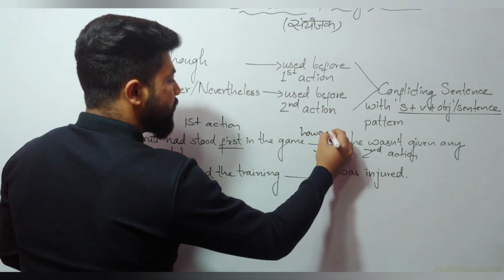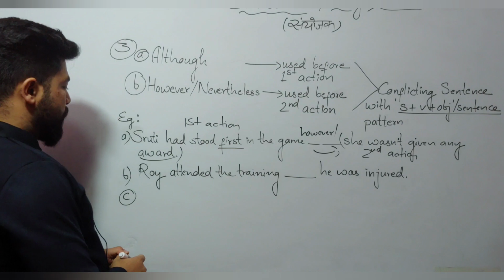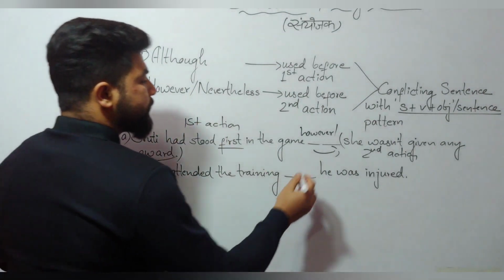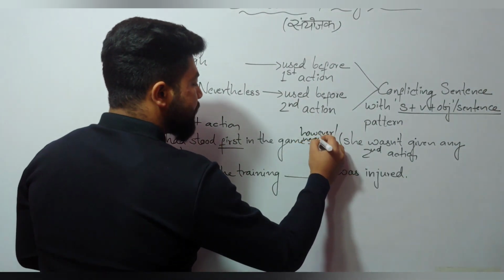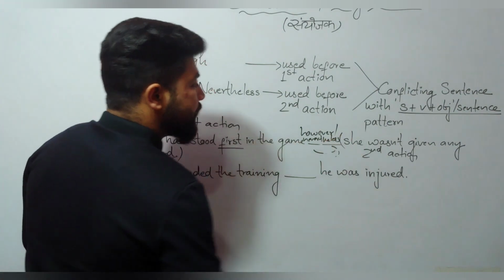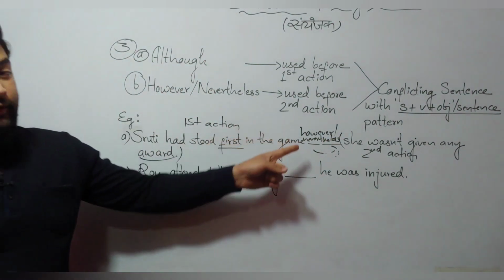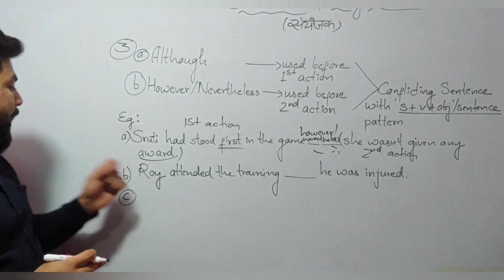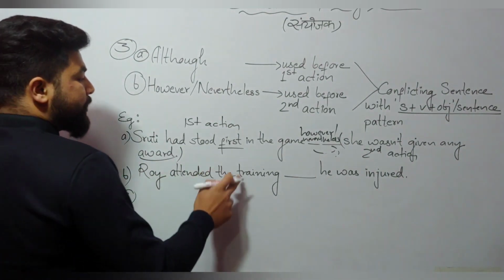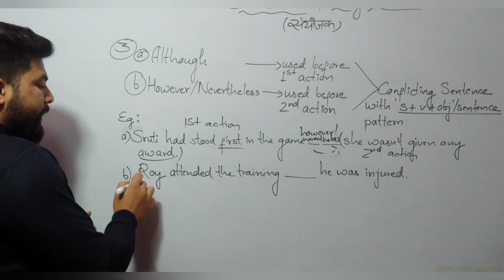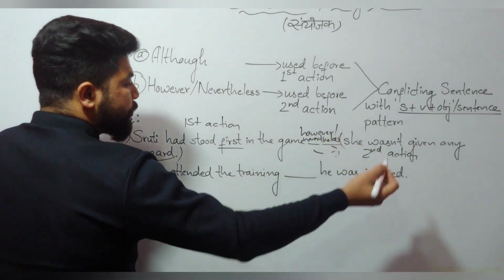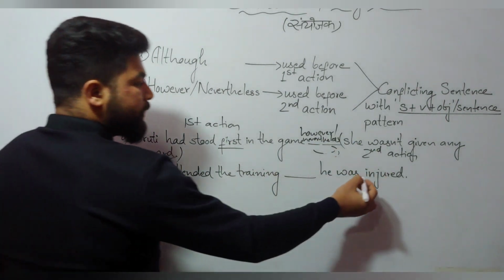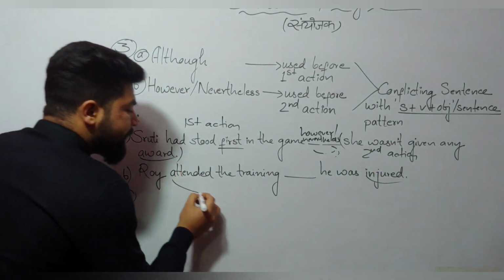However, she wasn't given any award, or Shruti had stood first in the game. Nevertheless, she wasn't given any award. So this is your answer, right? And another, Roy attended the training. He was injured. So, injury and still attending the training.